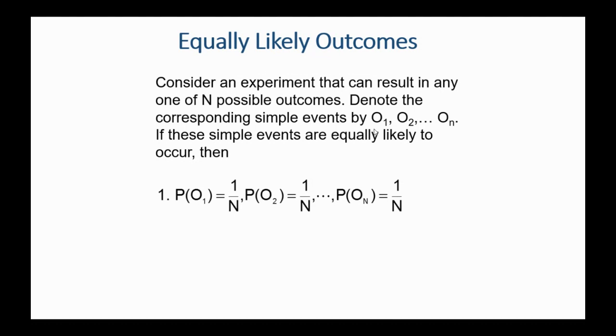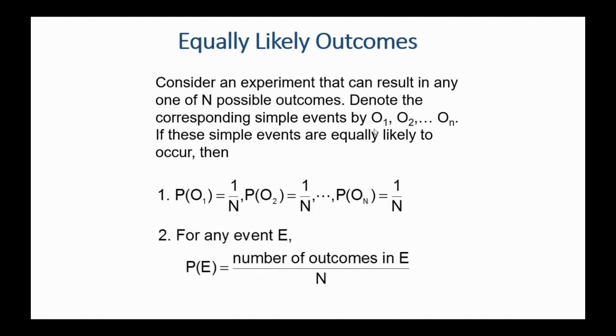Probability of O sub 2 equals 1 over n. All the way to the end, probability of O sub n is equal to 1 over n. And if we have any event E, the probability that E occurs is the number of outcomes in E divided by capital N.